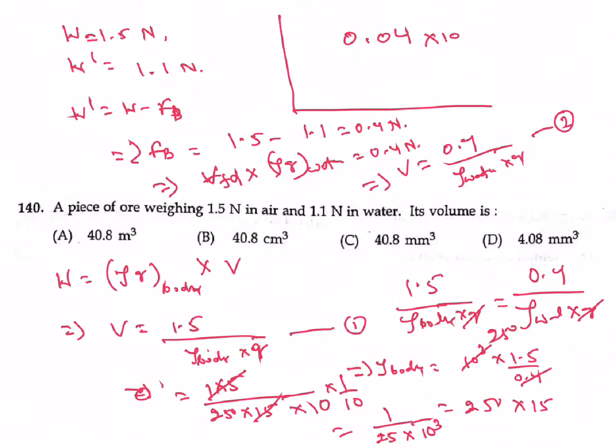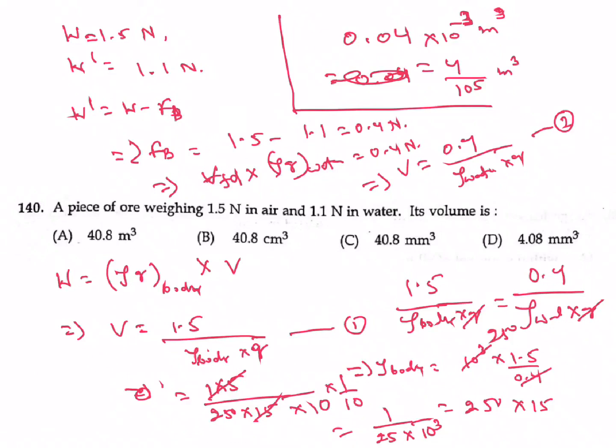This is in meter cube terms. All options are in 40 or 4, so you can write it as 4 by, if you multiply by 100, 10 to the power 5 meter cube.